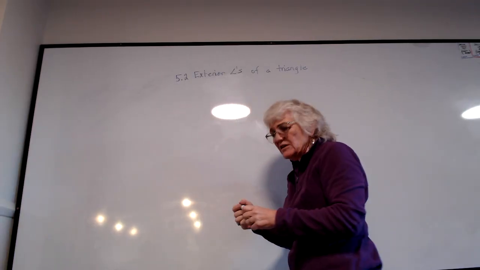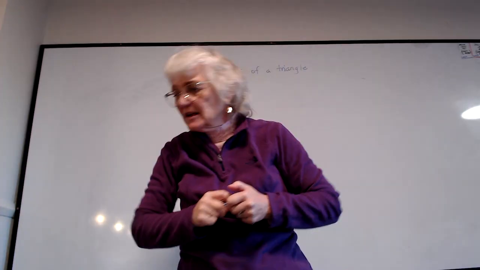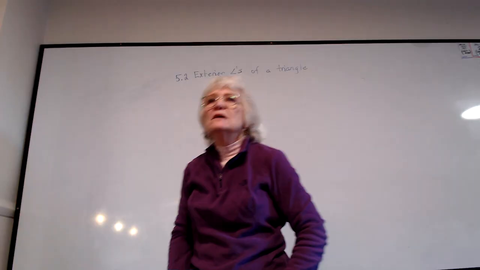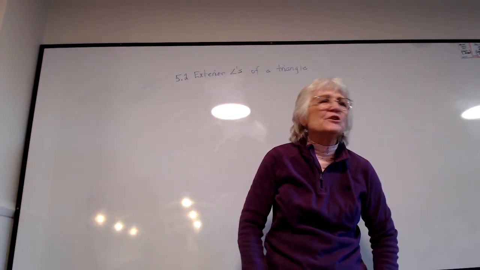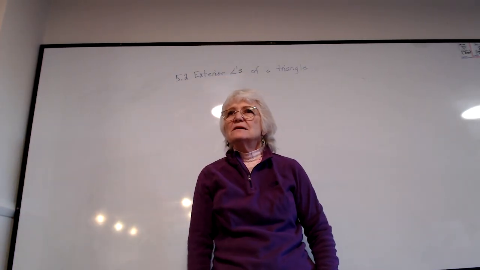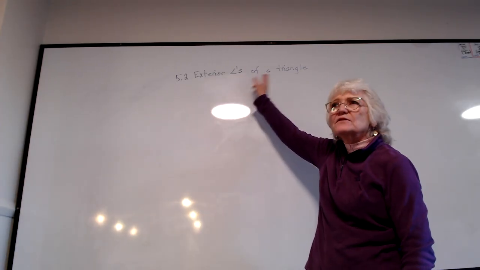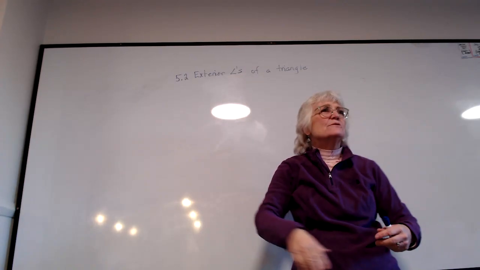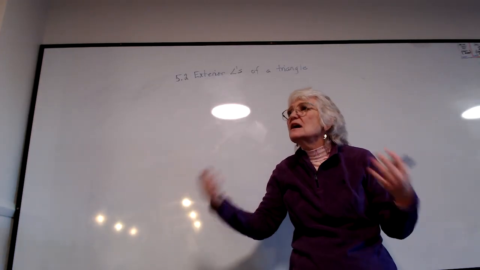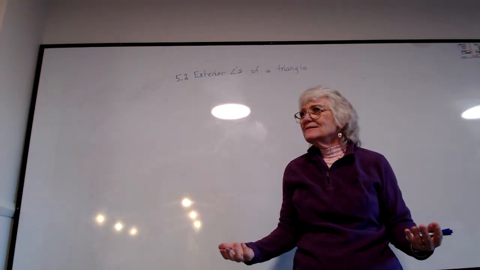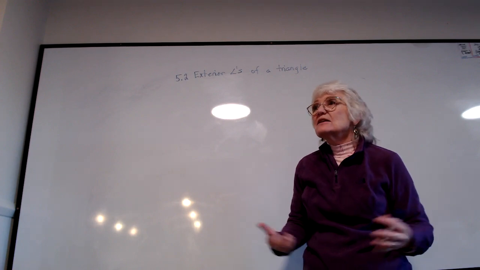So just trying to define this, and I know some of you defined it because you took notes from the book, but what does exterior mean? Outside. So if I'm talking about exterior angles of a triangle, it must be something to do with angles that are outside the triangle, okay? And that's exactly what exterior angles are.